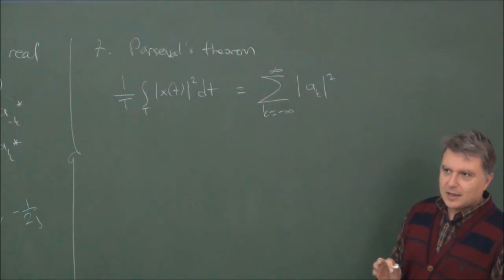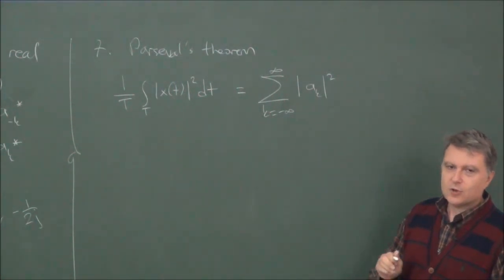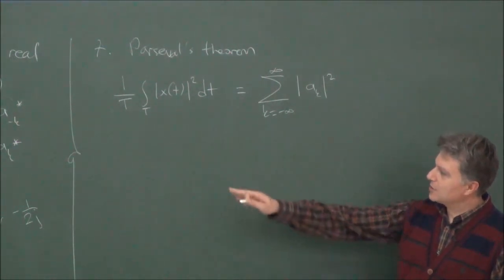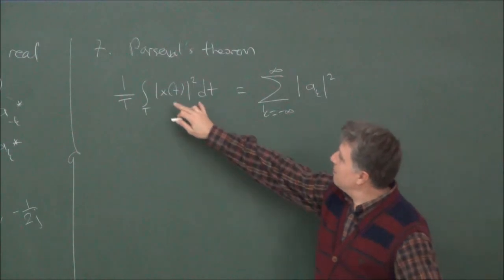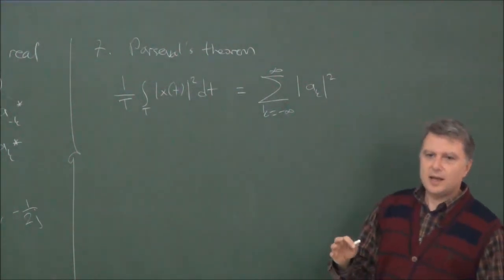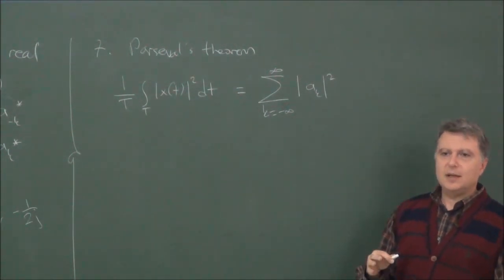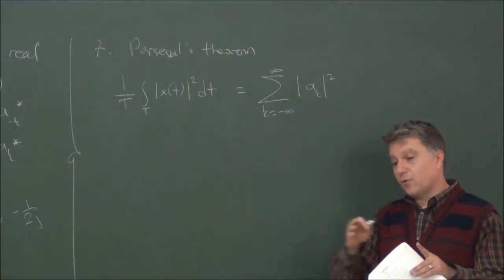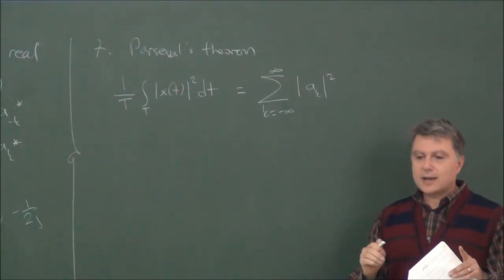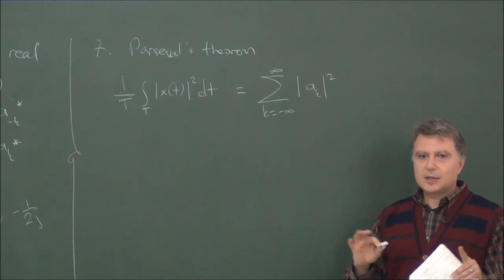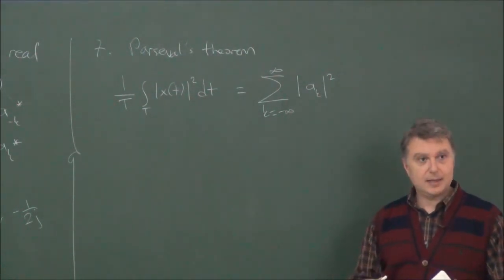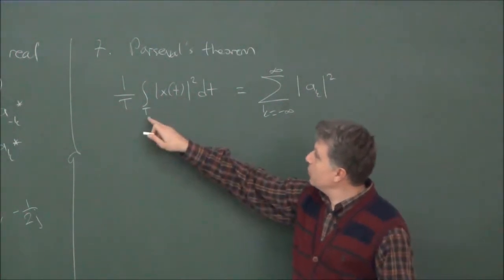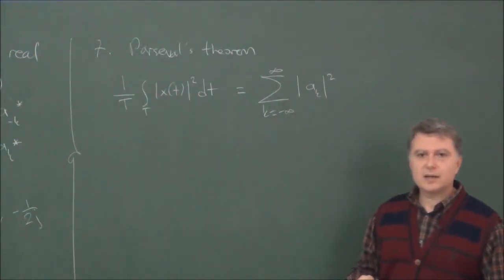For instance, can you evaluate the power of a cosine waveform? What is the power of cosine omega t or sine omega t? You first need to take the magnitude square of a cosine, and the magnitude square of cosine omega t requires trigonometric identities. You have to look at the tables and things like that, and you have to evaluate over one period and normalize it by 1 over T.